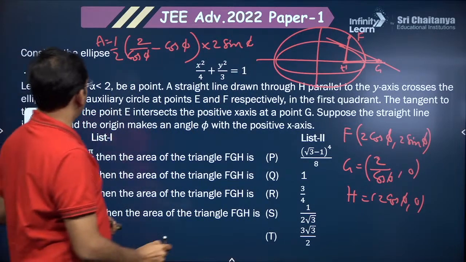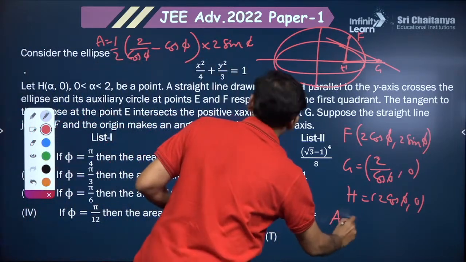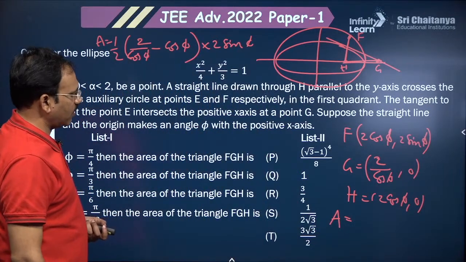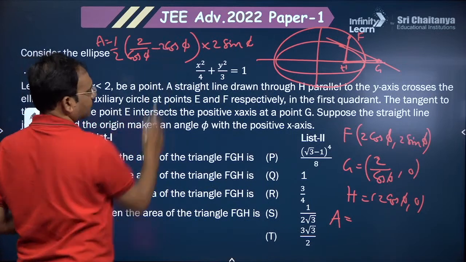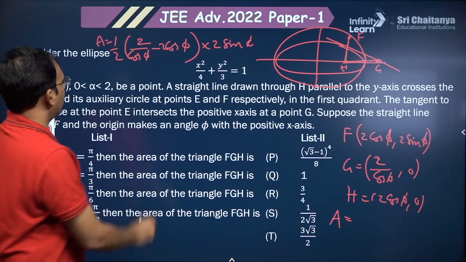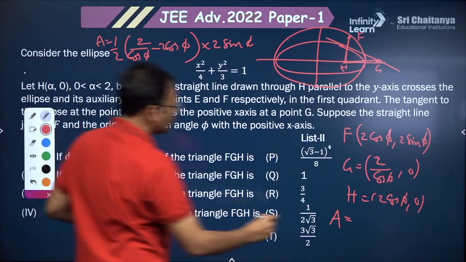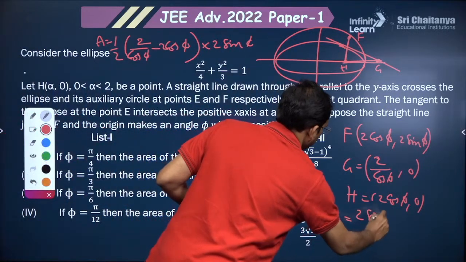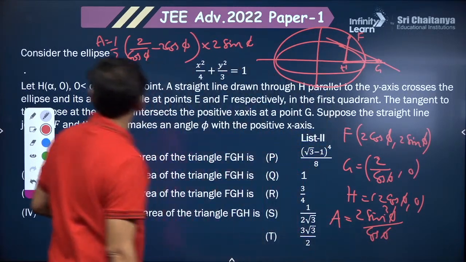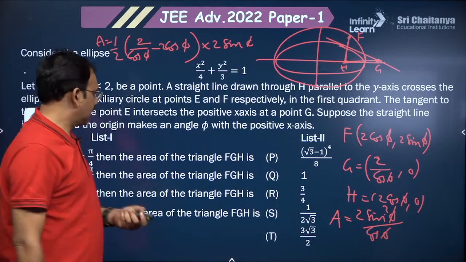Now you can find this is 2 minus 2 cos square phi over 2 cos phi, right. 2 you can take out, 1 minus cos square phi is sin square phi, 2 can be cancelled, and you are going to get 2 sin cube phi by cos phi. So friends, from this I can say the area of this.